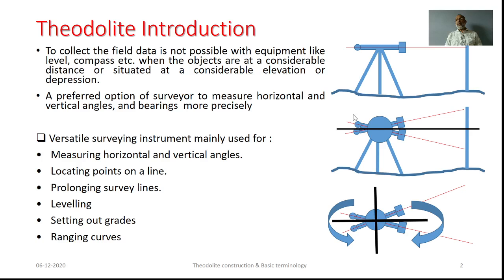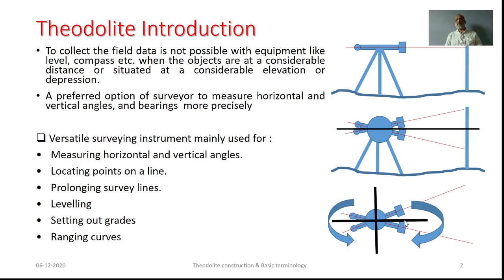Hence, we are making use of Theodolite-like equipment in which, with respect to the horizontal line or horizontal plane, the telescope can be rotated about the horizontal axis and hence we can sight the objects below or above the line of sight. Similarly, the telescope can be rotated about its vertical axis in the horizontal plane and hence we can measure the angles.